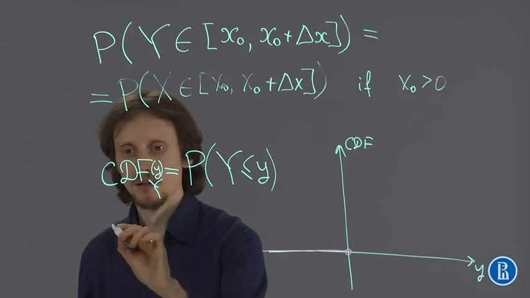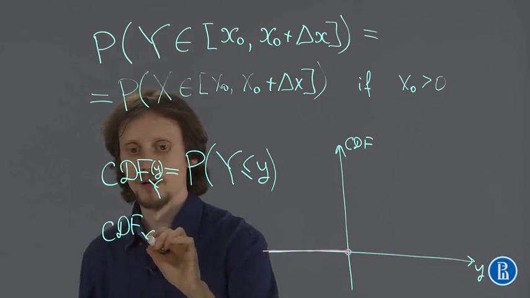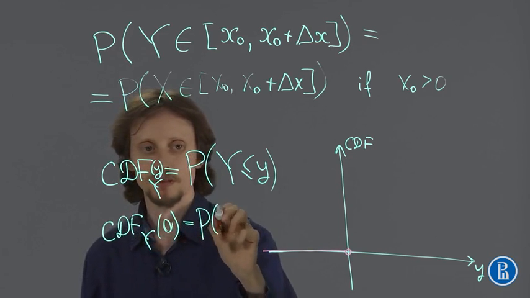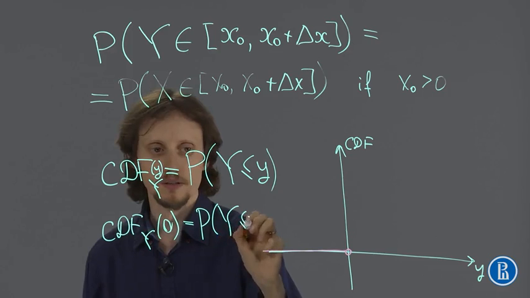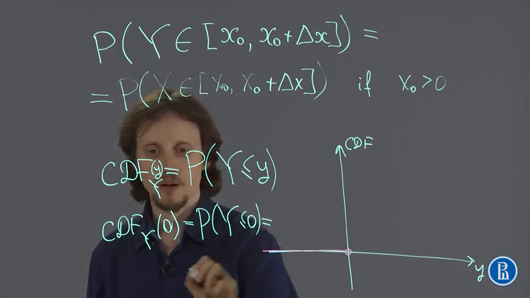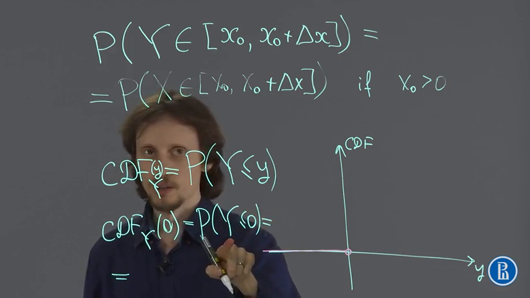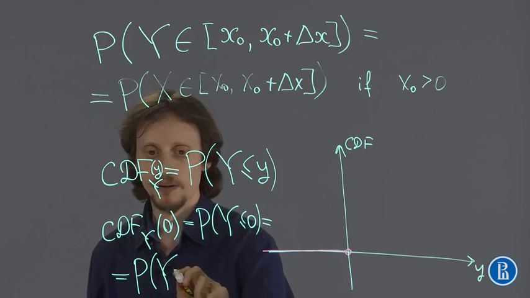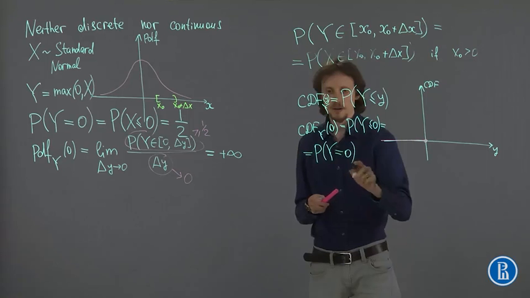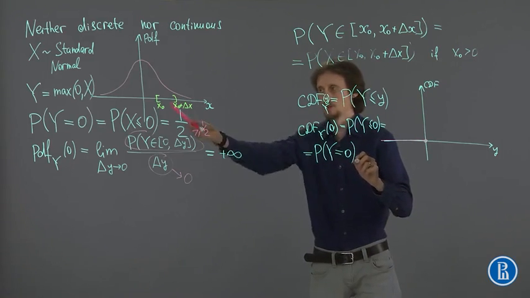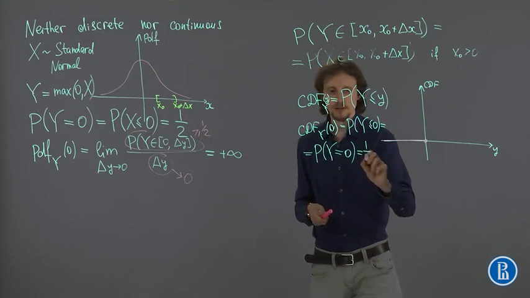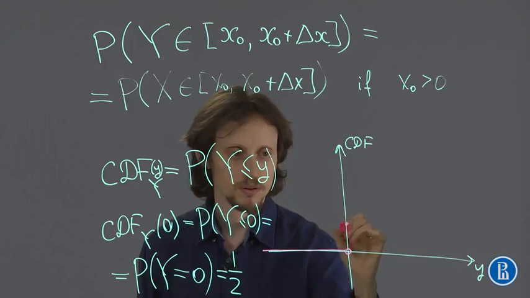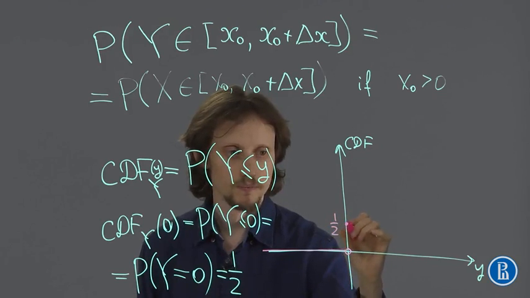Indeed, CDF of y at 0 equals the probability that y is less than or equal to 0, and as y cannot take negative values, this is the same as the probability that y equals 0, and this probability, according to the previous, is equal to 1/2. So here we have a jump to the level 1/2.